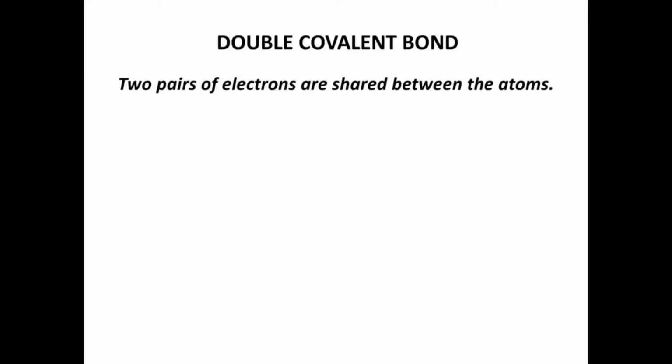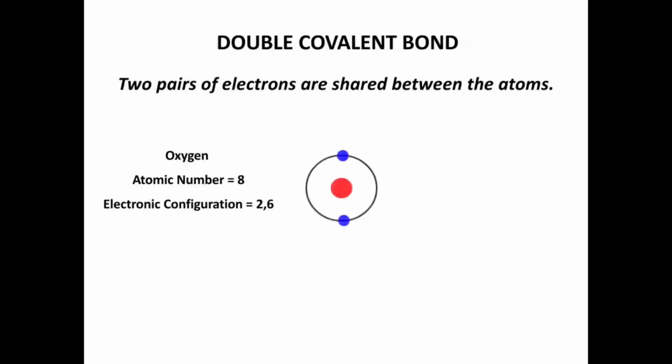Double covalent bond. In a double covalent bond, 2 pairs of electrons are shared between the atoms. For example, let us take an oxygen atom with the atomic number 8 and the electronic configuration 2, 6. So 2 electrons are present in the first orbit and 6 electrons are present in the second orbit of oxygen atom.